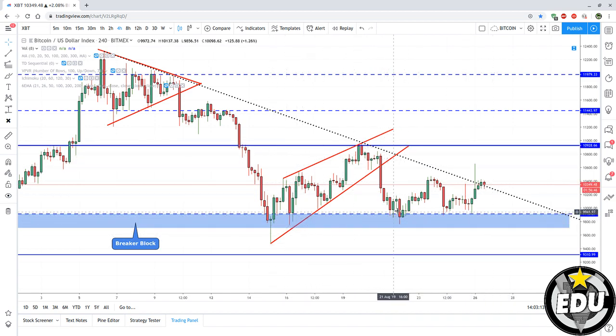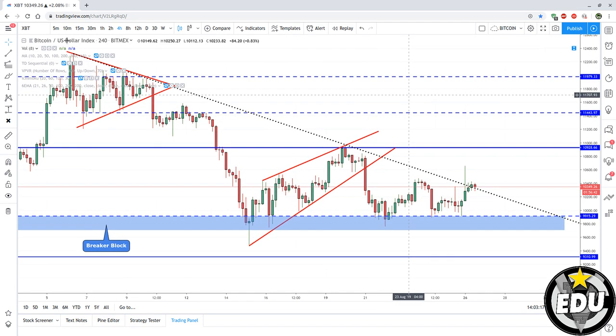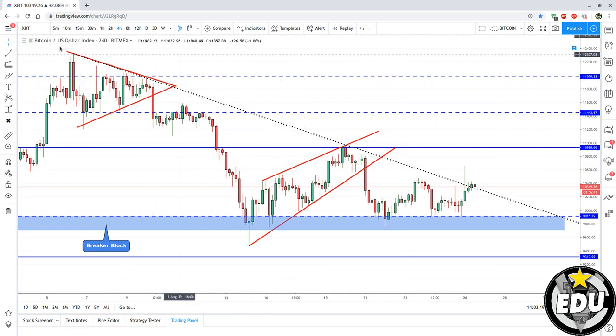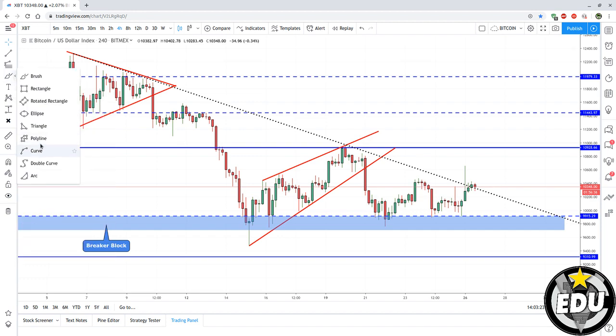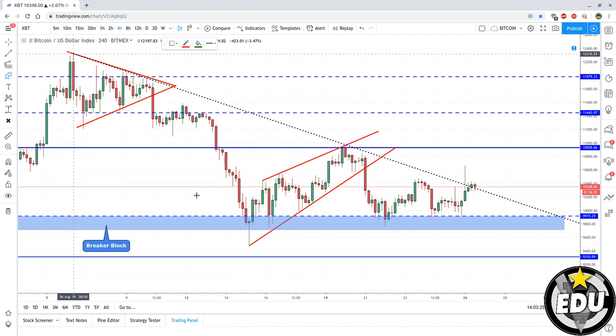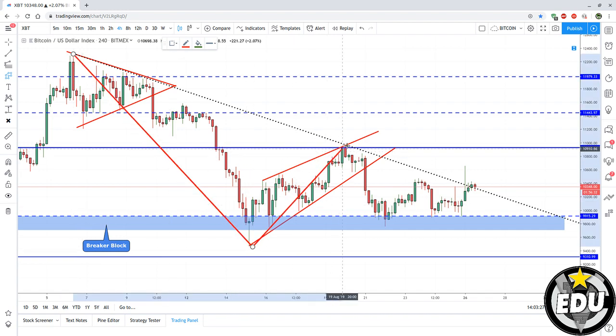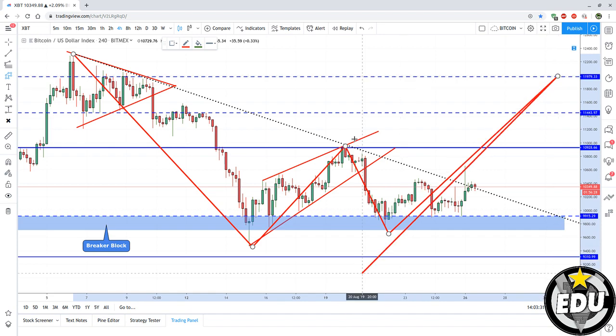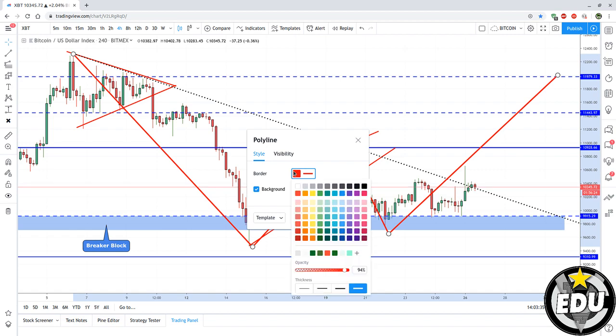We have some kind of double bottom that I can see here, and this actually could be the neckline resistance of this double bottom.